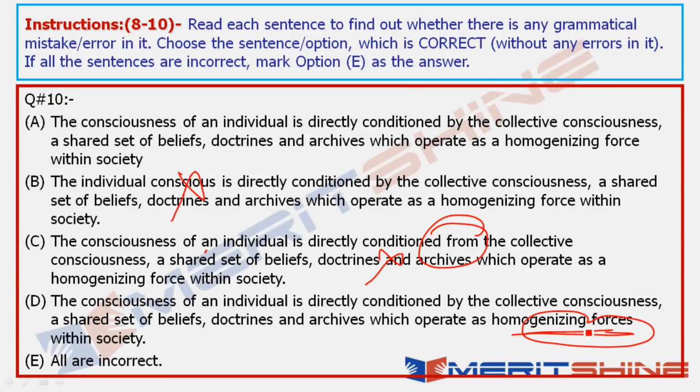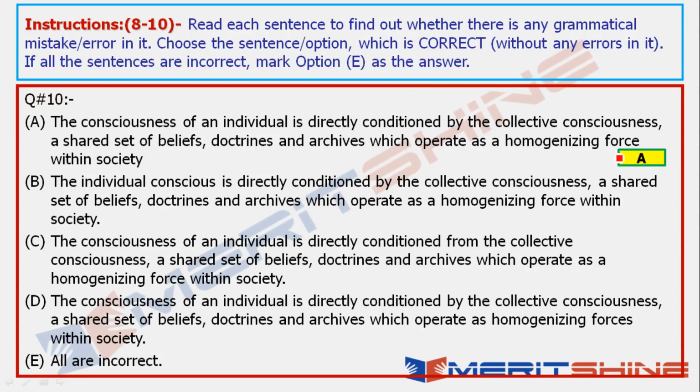Which is this plural that it's referring to? The plural that is referring to is collective consciousness. Now, collective consciousness is singular. So how can you refer to it as plural? So it has to be a homogenizing force rather than homogenizing forces, right? So therefore, the answer here would be A. So B, C, D eliminated, answer A, right?